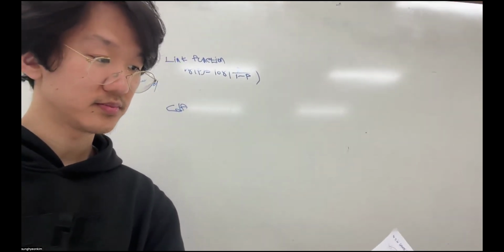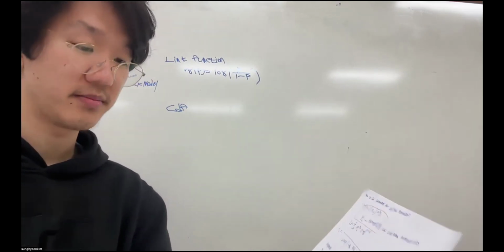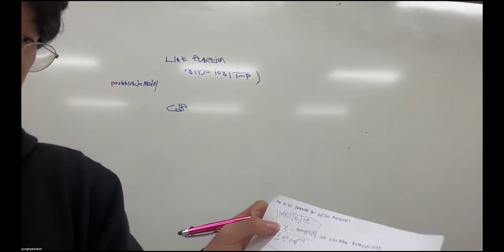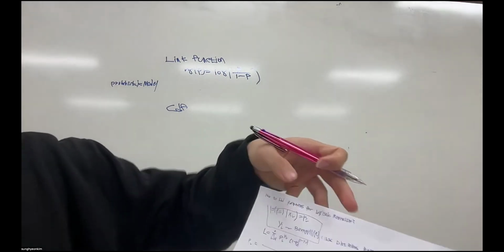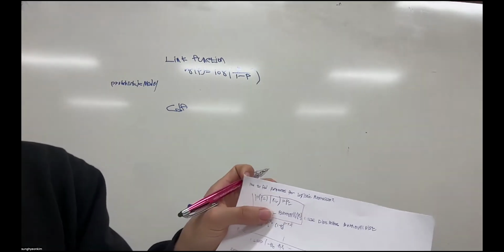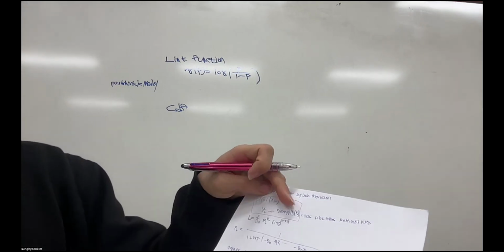So let's find the parameters. Each y will follow a Bernoulli distribution with probability p.